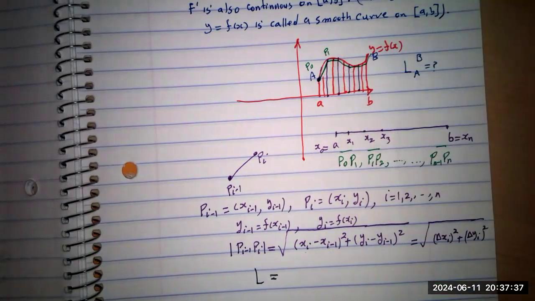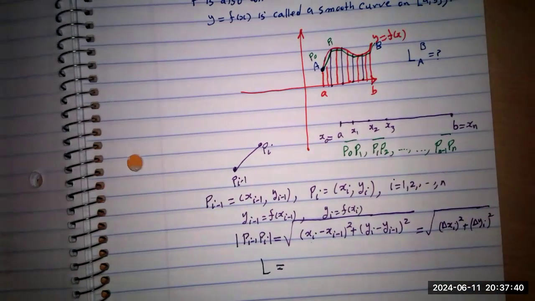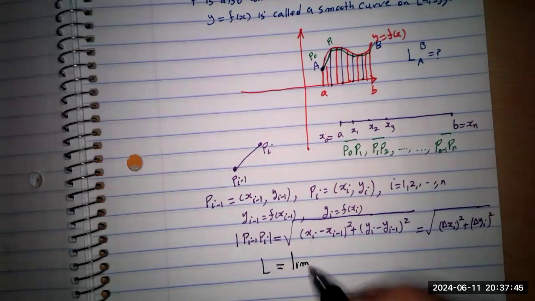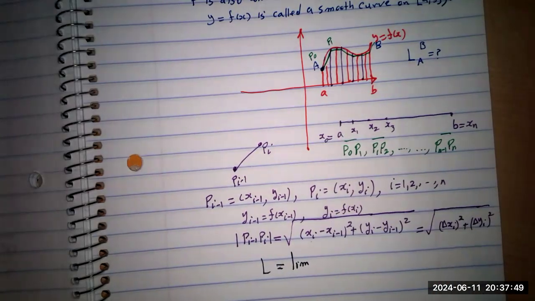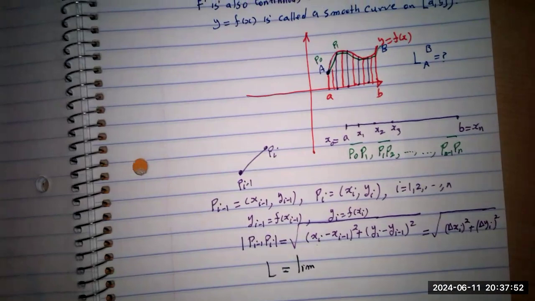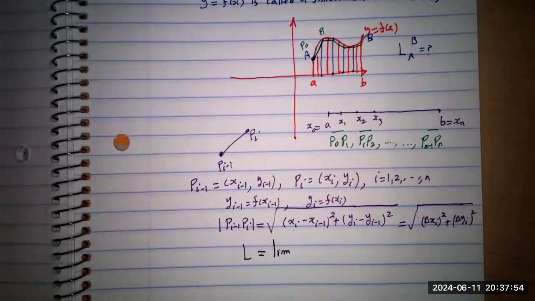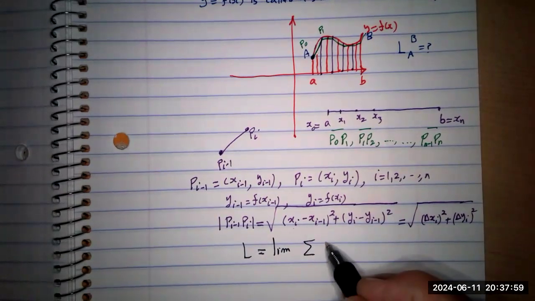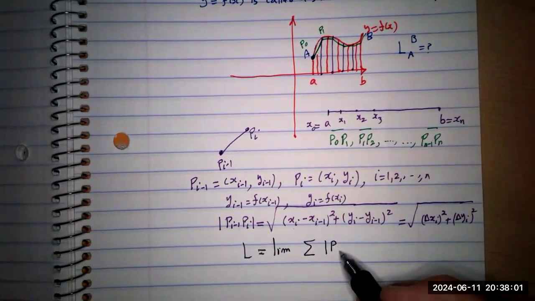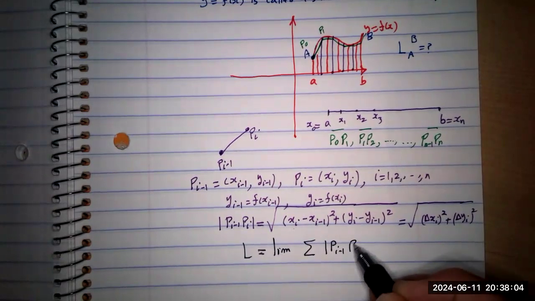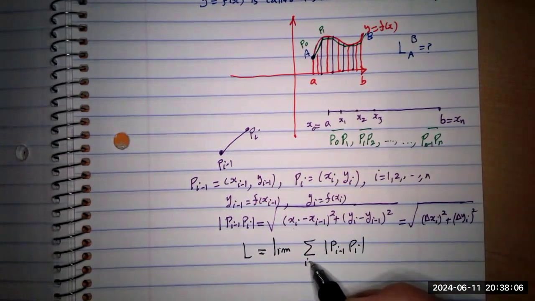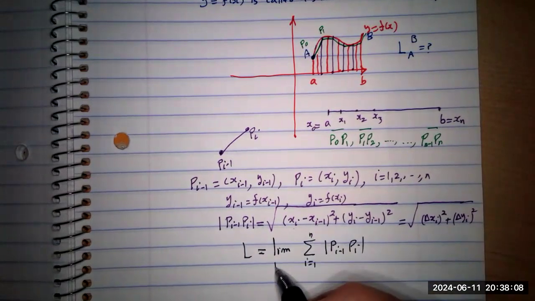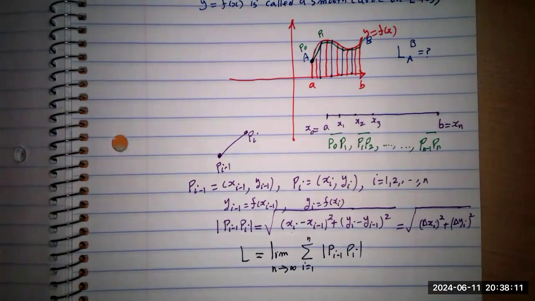But eventually, your arc length is going to be a limit. The best estimate will happen if the number of points is very large or goes to infinity. So it's going to be the limit of the sigma of these segments Pi minus 1 Pi, i from 1 to n, when n goes to infinity.